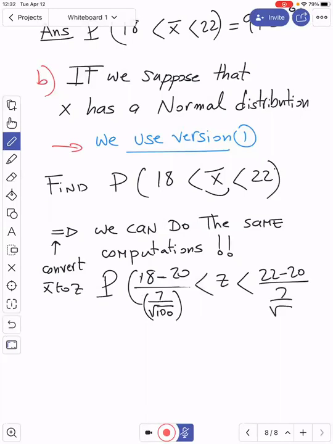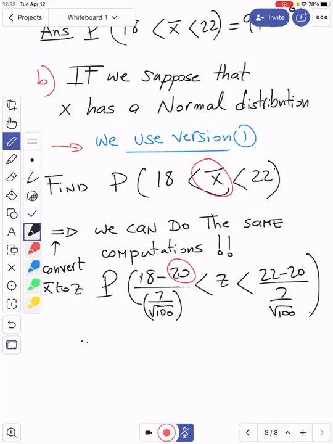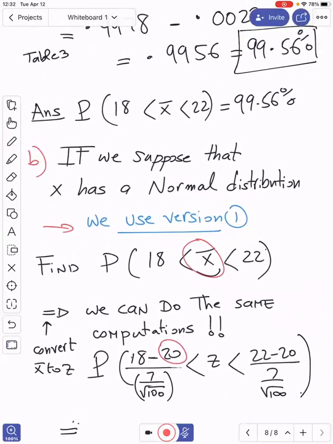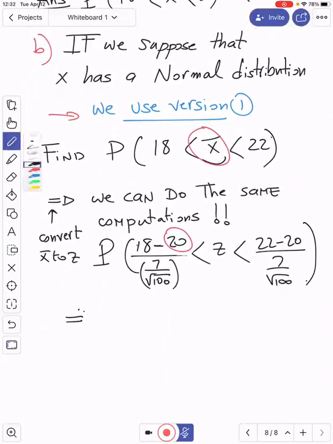So we're going to get the same answer. Whenever you see X bar, it's minus the mean over sigma over square root of n. And as I said, we're going to get just the same answer, which is 99.56%.